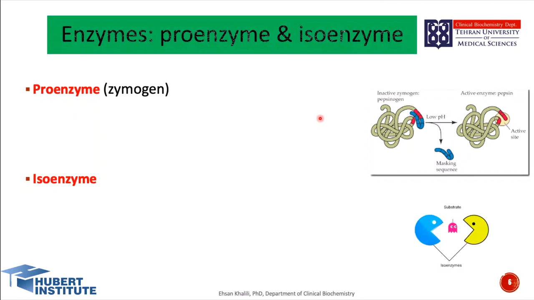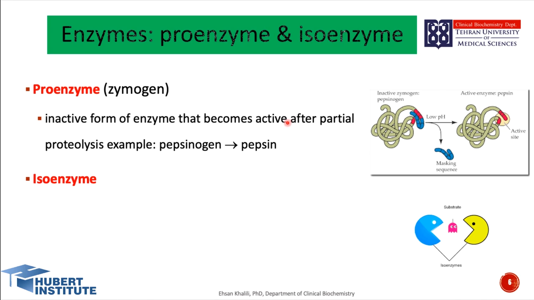Here we have two terms about enzymes. One of them is proenzyme and the next one is isoenzyme. Proenzyme, or another general name for this kind of enzyme, is zymogen. They are inactive forms of the enzyme that become active after partial proteolysis. Examples of zymogens are coagulating enzymes, or another example, the digestive enzyme pepsinogen.